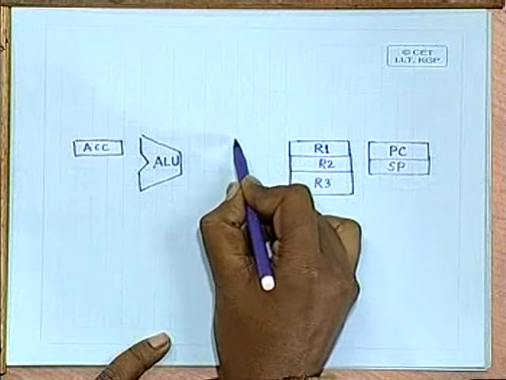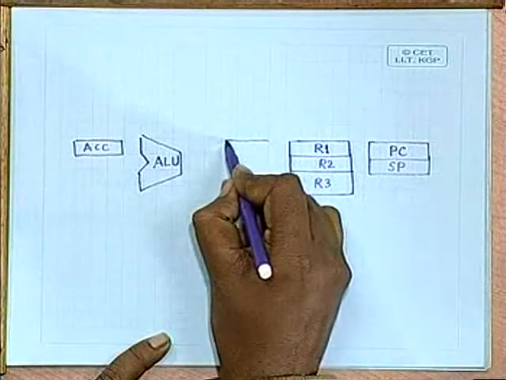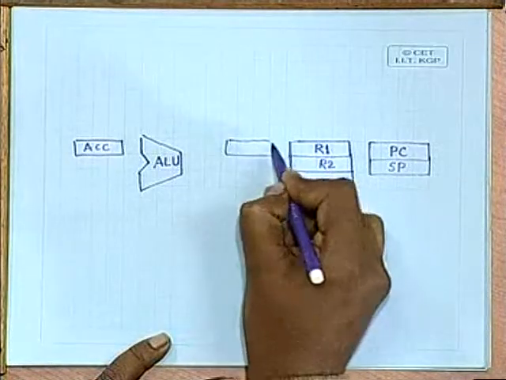Now, another important part of the computer is instruction interpretation. Before execution of the instruction, the CPU must know what that instruction is supposed to perform. That means the CPU has to decode the instruction. So, the opcode, the code of the instruction, which is the machine level code, has to be read from the memory and put in another register in the CPU, which is called an instruction register.